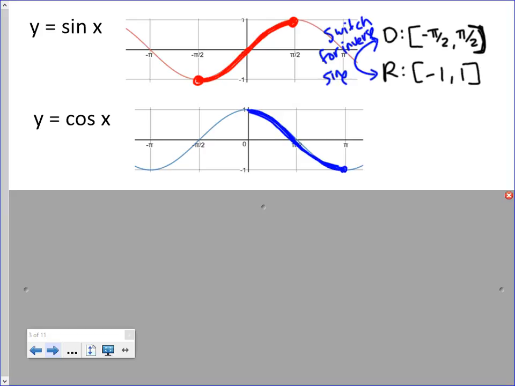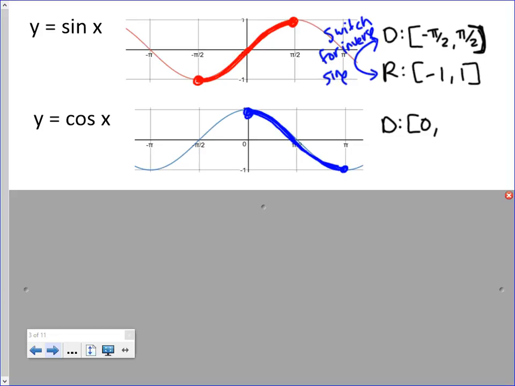And so when I look at cosine and I look at the section for which I want to look at for the inverse, I'm going to have the same range, -1 to 1, which makes sense because it's adjacent over hypotenuse, and the adjacent can never be more than the hypotenuse. But the domain is going to be different.